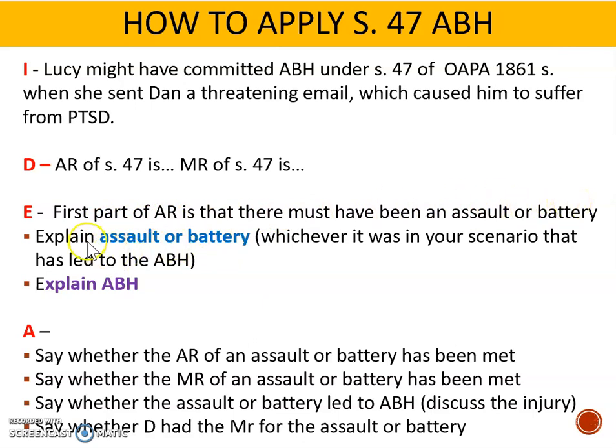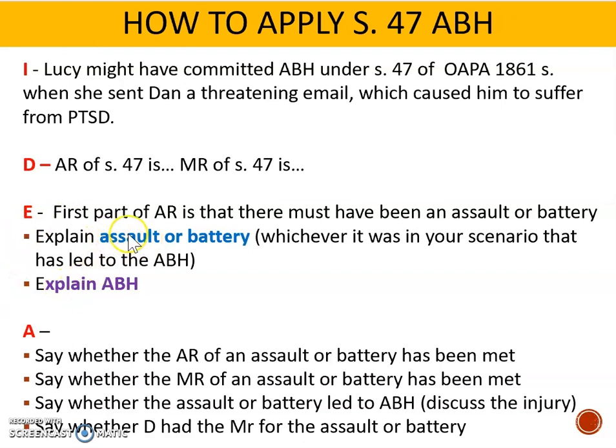Now, I would explain assault or battery here, and I would explain whichever one I thought it was that had led to the section 47 ABH. So in our scenario, because I think it's an assault, because there was an email, there was no contact, there was a threatening email, it's potentially an assault, which has then led to ABH.